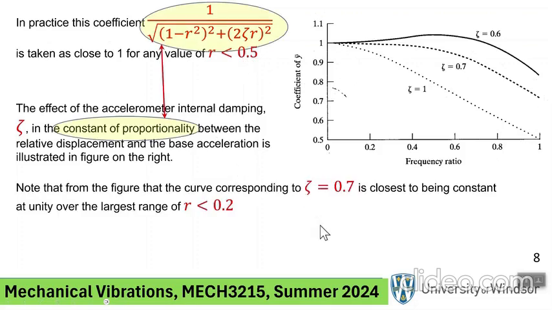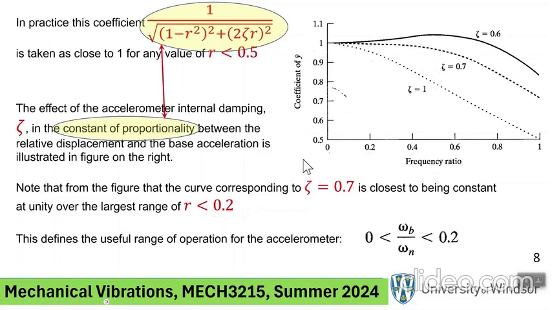Now, to be on the conservative side, we're not going to go all the way to 0.5, because if you go all the way to 0.5, you'll see there's a deviation from 1 here. This one is not the line. So we're going to say, okay, if damping is 0.7 and R is less than 0.2, to the left of 0.2, we almost have the value of 1.